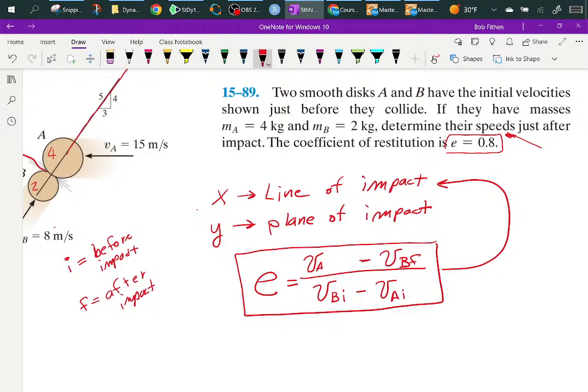Velocity A in the X, final. Velocity B along the X, final. Velocity B along the X, initial. Velocity A along the X, initial.